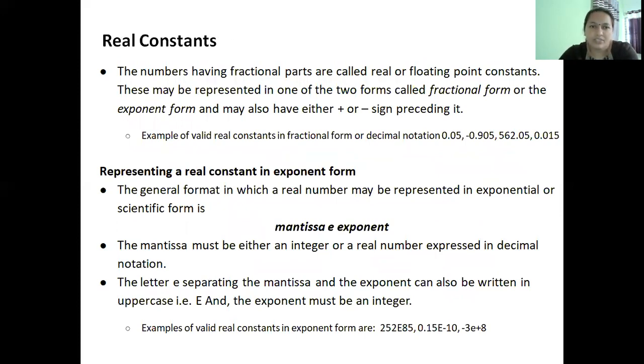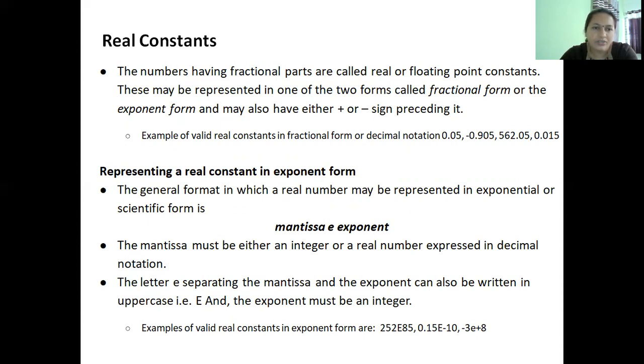The second type of constants are real constants. The real constants are used to represent floating point numbers. The floating point numbers will contain a fractional part as well as a whole number part. There are two ways in which you can write real constants: fractional form and exponential form.